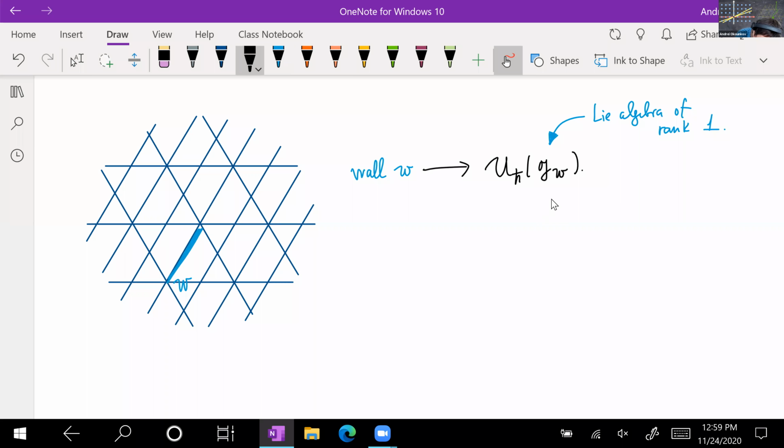Then for that, as I said, write a qKZ for this. It is not a difference equation.